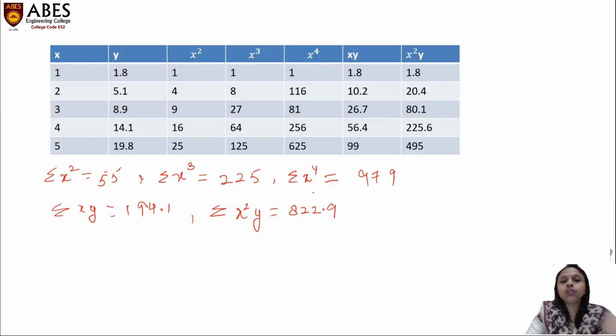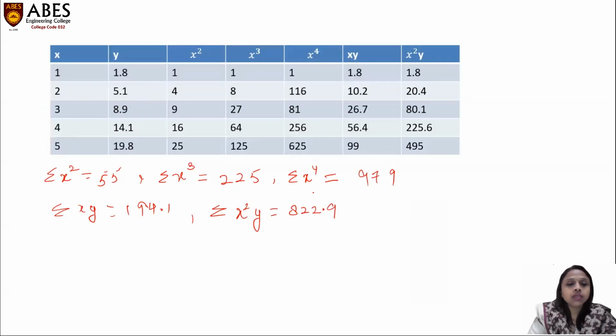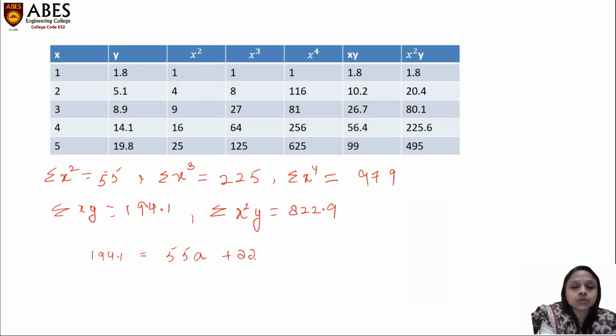Now we need to put these values in the said normal equations, that is summation xy, that is 194.1, equal to a summation x square, that is 55a, plus b summation x cube, that is 225b.